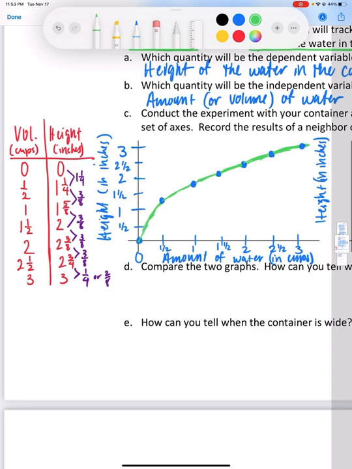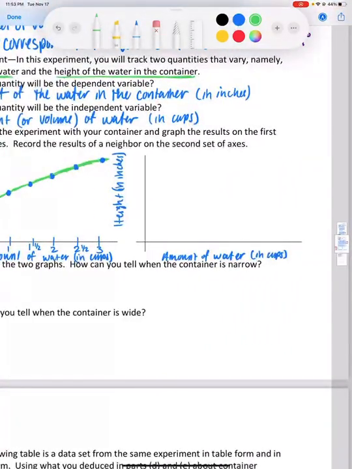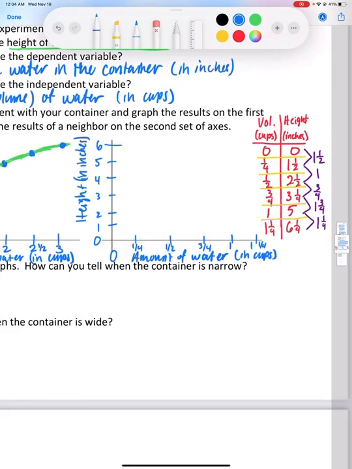All right, let's compare with a neighbor right here. Okay, so I have some data from a neighbor, and I'll go ahead and draw that on there. Now I have my axes scaled and labeled. I'll go ahead and plot the data now.